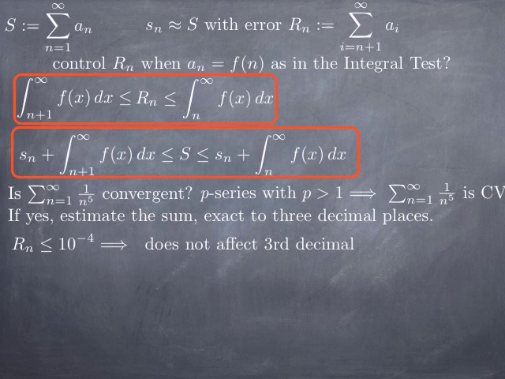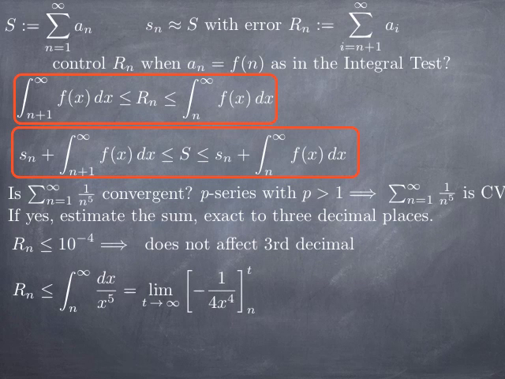What we would like to do is make sure that n is large enough for this Rn to be bounded above by 10 to the negative 4. Well, we can do that by bounding 1 over 4n to the fourth by 10 to the negative fourth. And then we solve this condition for n.